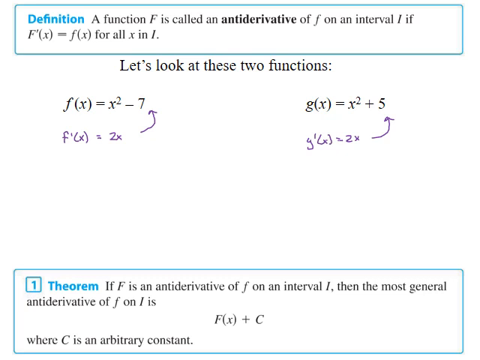If you find the antiderivative of a function, you must add an arbitrary constant that we're going to call c to the end of every single one. Now, if I give you more information, maybe we can solve for that c, but every time, even if you have the information, when you take the antiderivative, you need to add a plus c onto the end of your answer. And you're going to see that throughout the rest of this section.